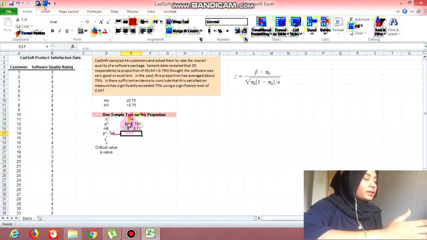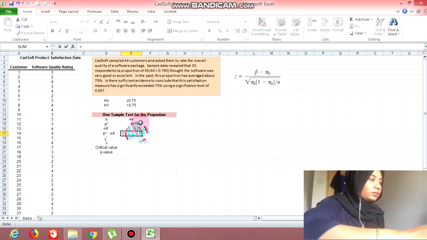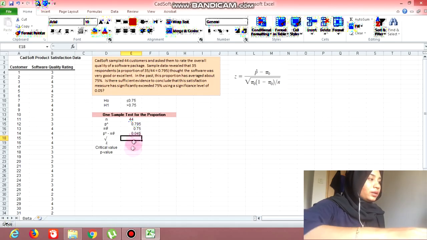Okay, to find the test statistic, to make it easy for you, you have to calculate the numerator first and then the denominator. For the numerator, the sample proportion minus the H0, that is 0.045.